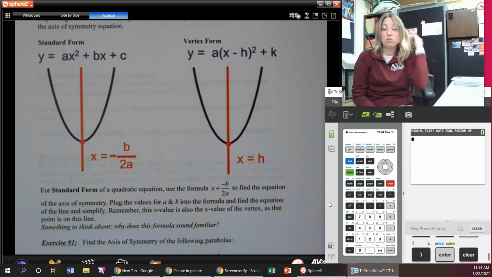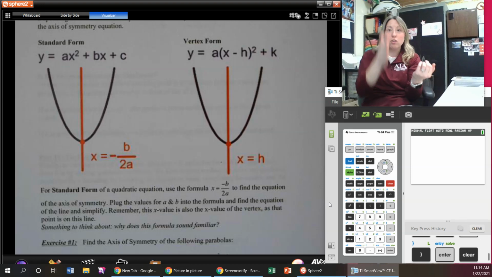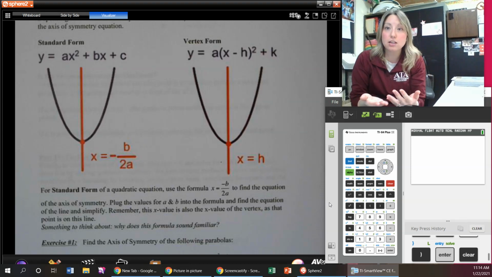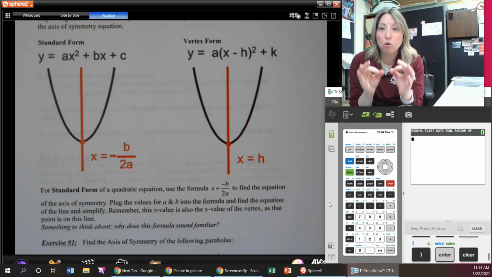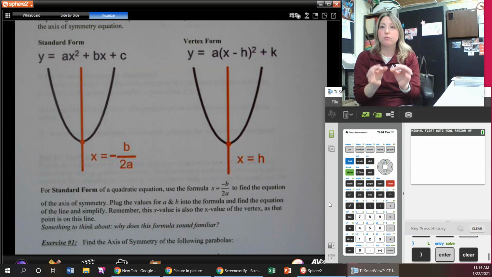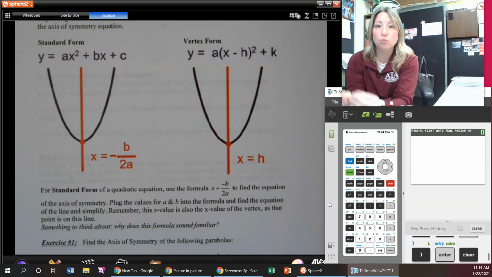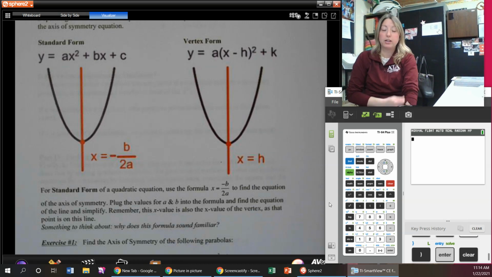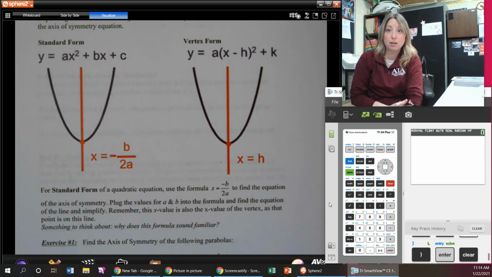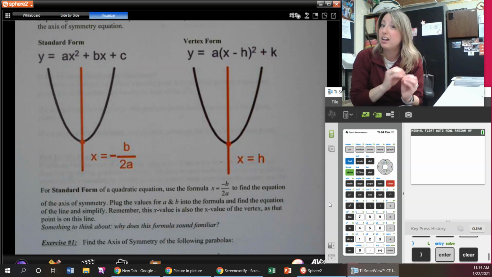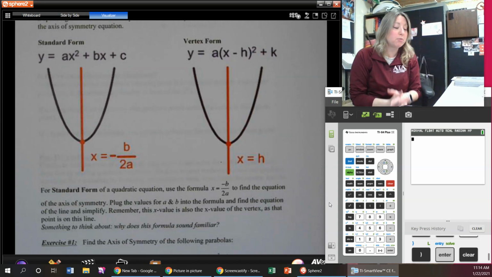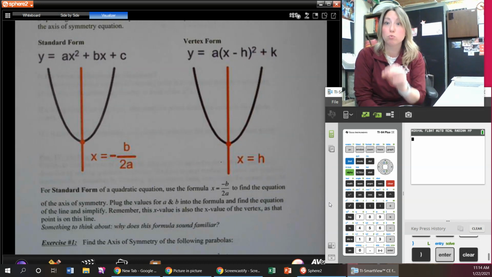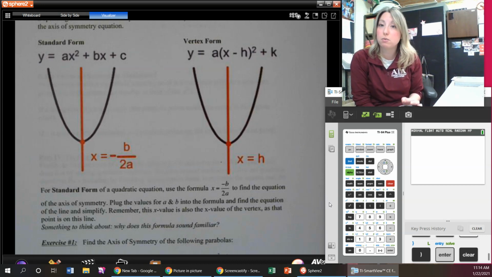Your axis of symmetry is a vertical line, so it's an x equals line, so it is an equation. It's always got to be written as x equals where it touches the x-axis. It has to be written that way because it is an equation, and that is something I won't be lenient on at all. If you just tell me your axis of symmetry is 3, you are wrong. That's not what an axis of symmetry is. It's a line, so it's got to be an equation.